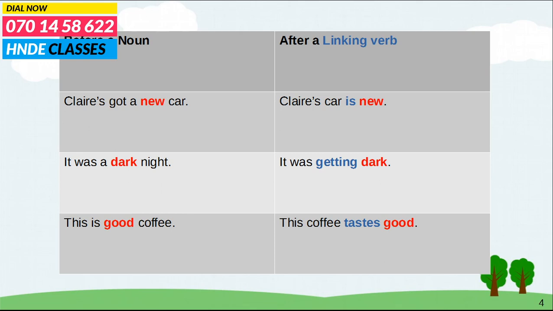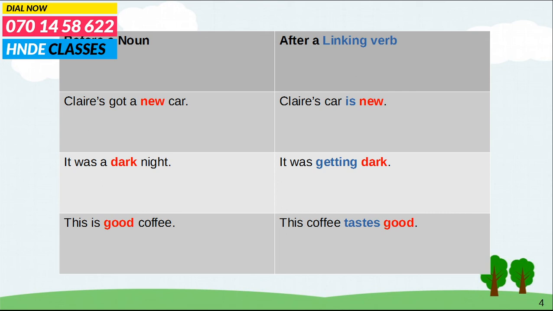Here is, that is a verb form of be, which is a linking verb. After that comes the word new, which is an adjective. Here all the linking verbs are highlighted in blue, and whatever is highlighted in red, they are the adjectives.